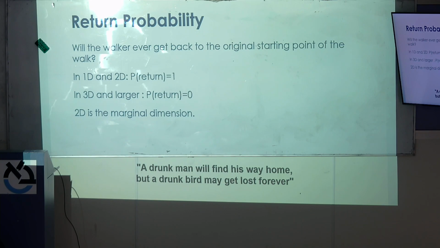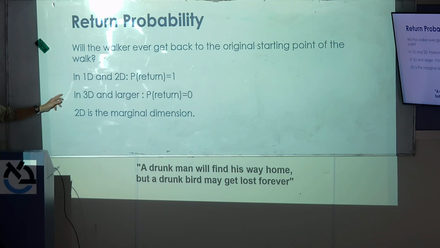If you consider what happened during the time t, in 1D the walker explores square root of t, so t over square root of t is square root of t. That means he will not miss; he will come many times to the same places, among them the initial place.